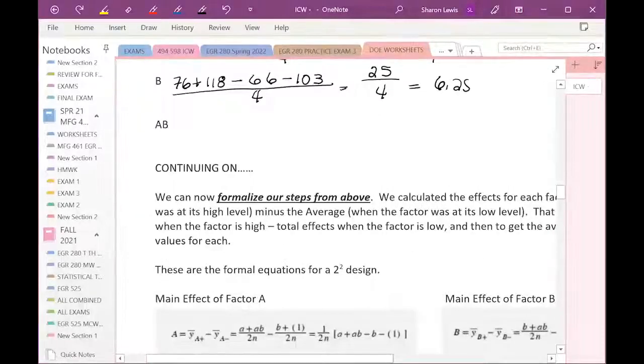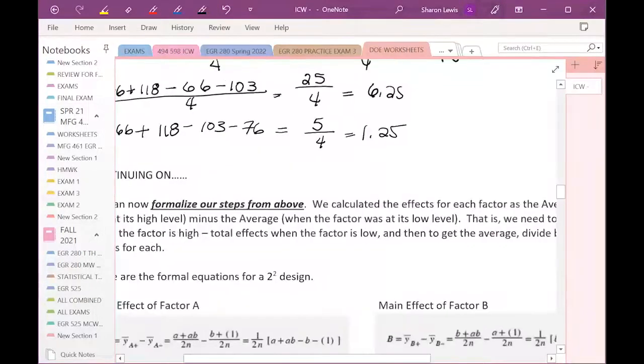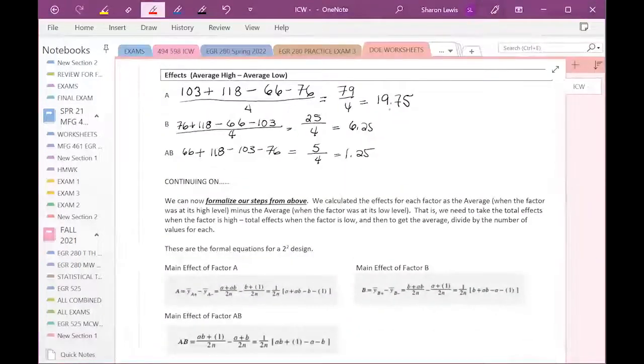AB high, 66 plus 118, and then the two lows were minus 103 minus 76. That's equal to 5, and then divide by 4, so 1.25. So these are the average effects from going from a low level to a high level.